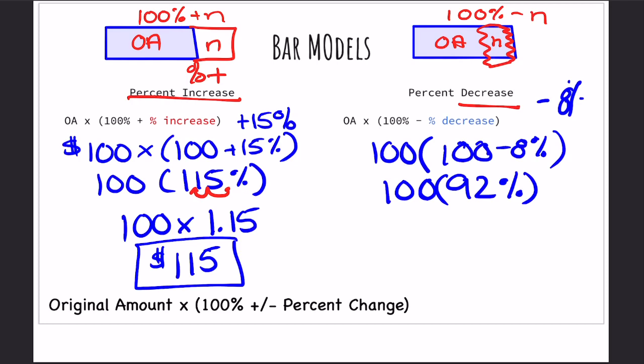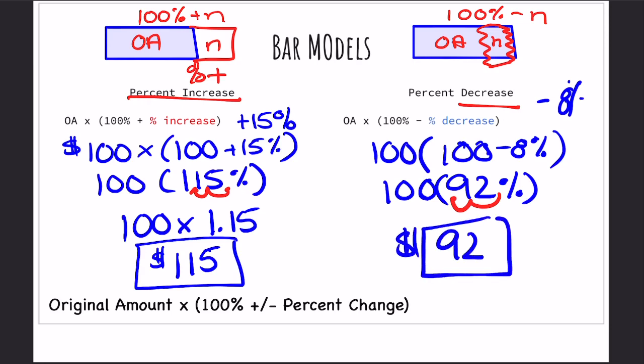Then we're just going to change this to a decimal by shifting 2 times, and then multiply. On our calculators, 100 times 0.92 gives us $92. That's the only thing we're going to use. We're going to multiply our original times 100 plus or minus that percentage, and we're going to do it just in one long step.